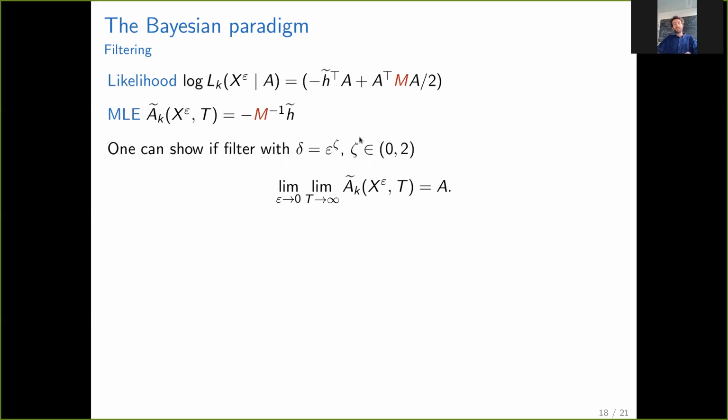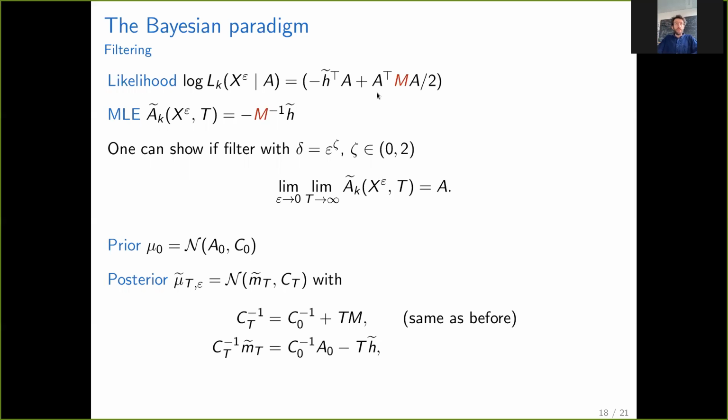But if we take delta to be epsilon to the power zeta, with a positive exponent zeta smaller than 2, so the range of validity of our previous estimator, but not in 0, then the asymptotic limit of this new estimator is given by A. So we introduced it just now because in the Bayesian framework, it's very nice because it's a minimizer of some likelihood function, but it doesn't work as well as the filtering estimator where you modify both the matrix and the right-hand side.